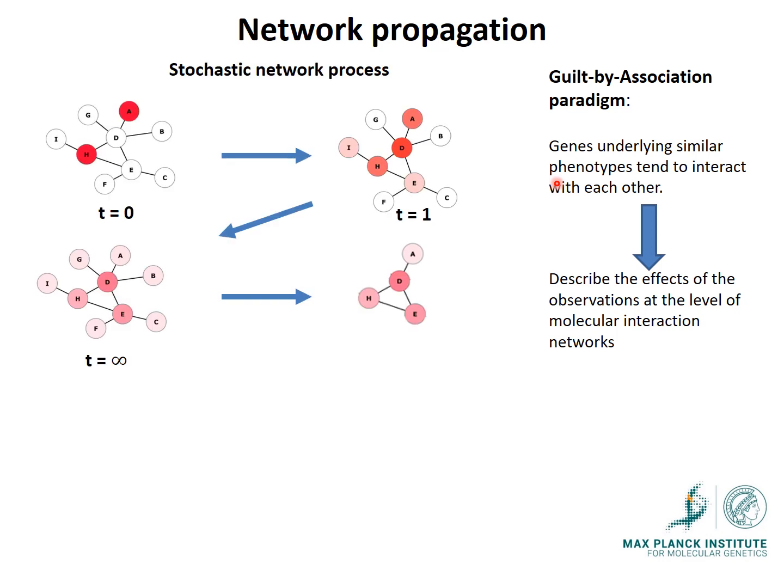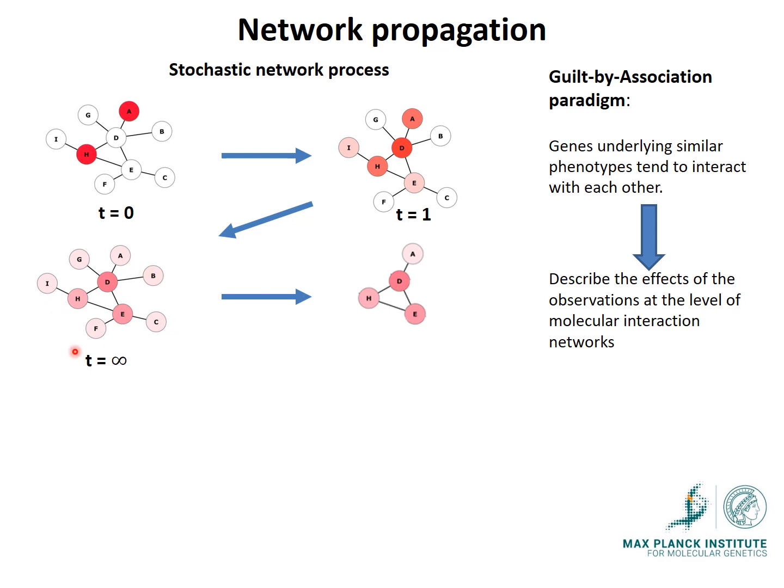And network propagation is a stochastic process which starts by initializing some nodes by experimental values, then diffusing the weights of these proteins through the neighbors in the network, and then do that through time and compute a steady state distribution or convergence state.